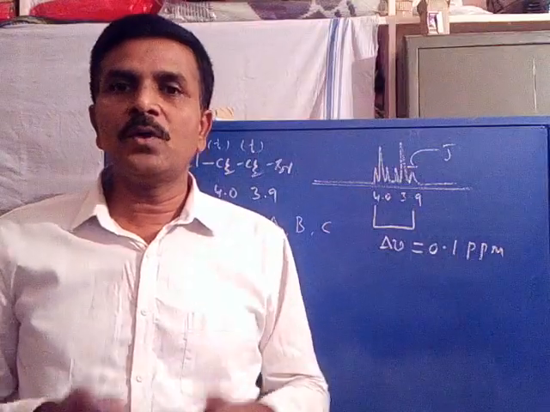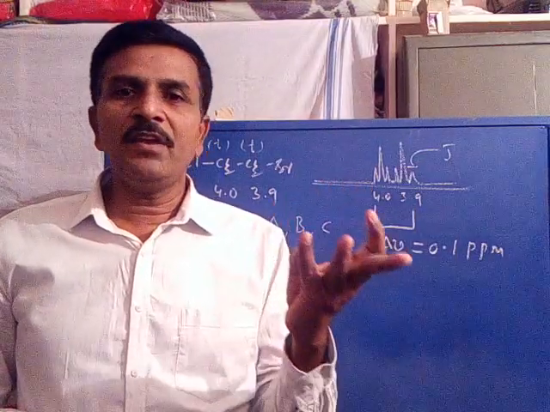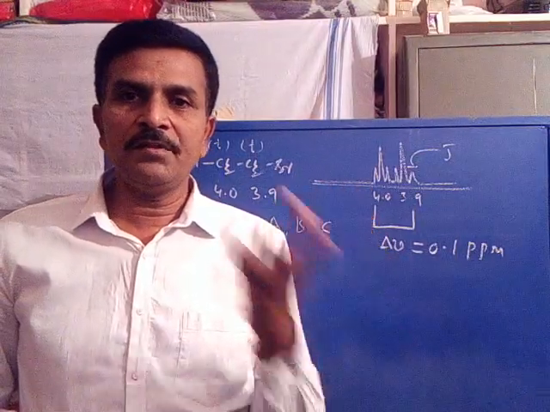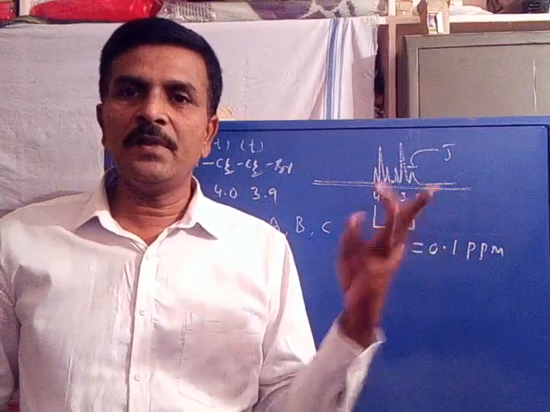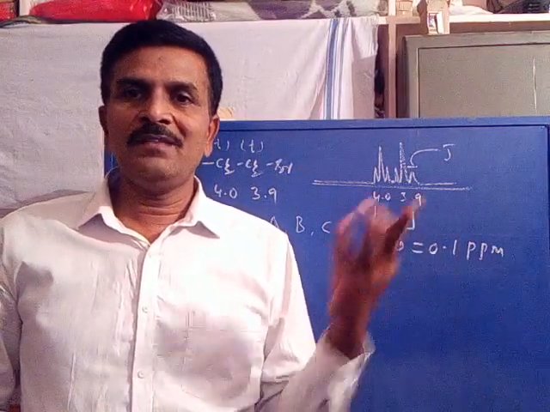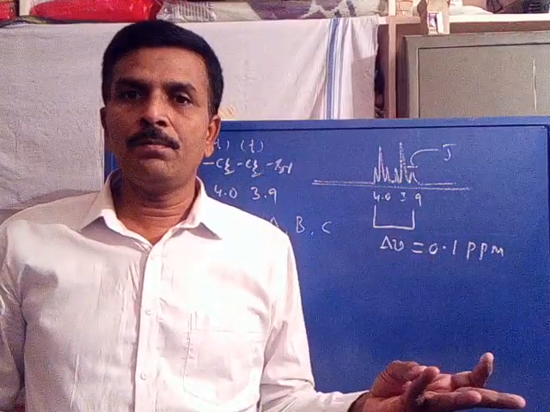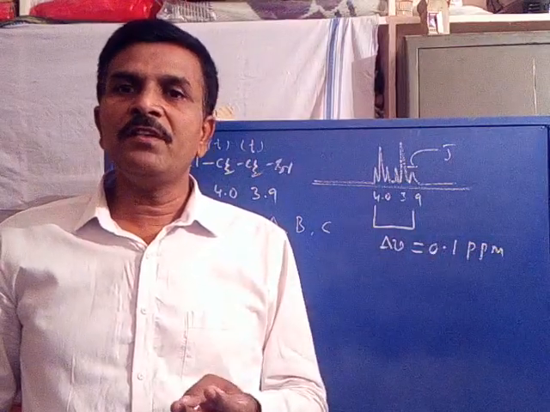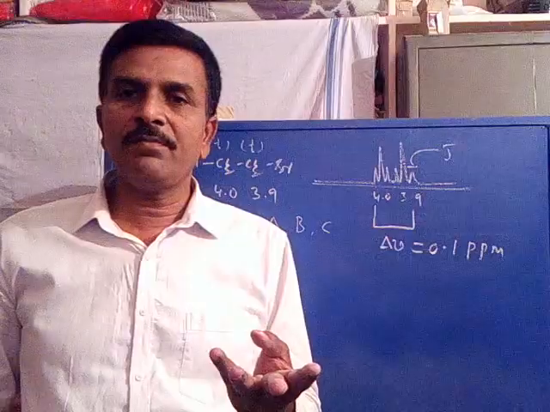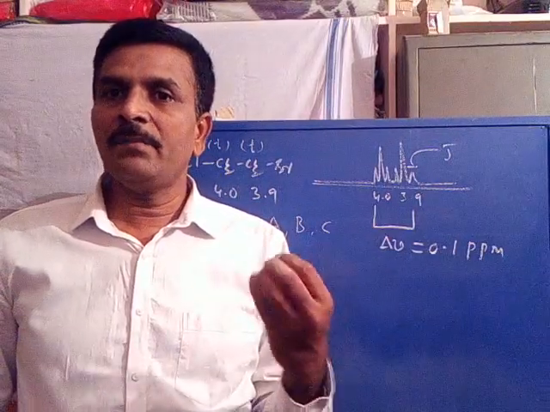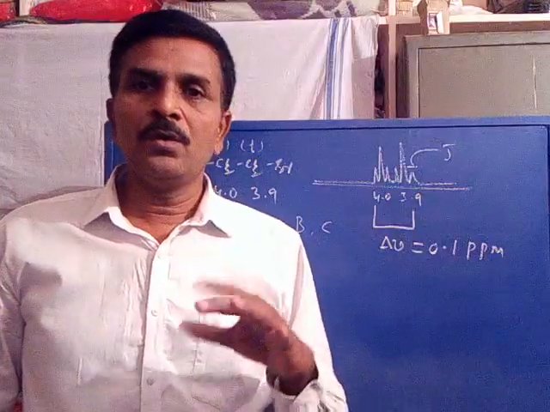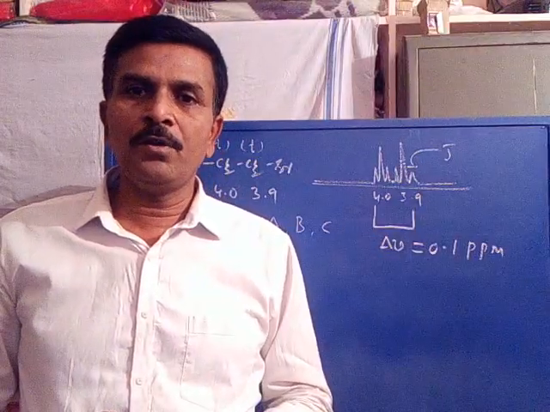So these are the two conditions. If the frequency difference is large between the coupled protons, then we have to use letter A, letter M, letter X for designating each set of coupled protons. If the frequency difference between the coupled sets of protons is too small, then letters A, B, C are used to designate every set of coupled protons.